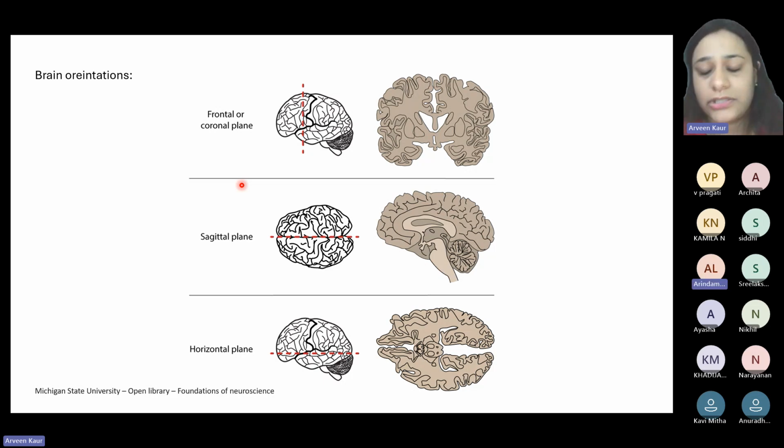Generally people do a coronal cut, that is a cut along this plane. Once it is cut, you can stain that section and see what the neurons look like, how the brain morphology is, etc. There are multiple things that can be done.